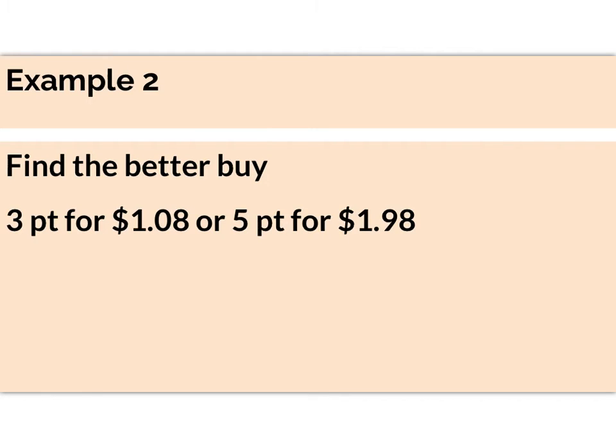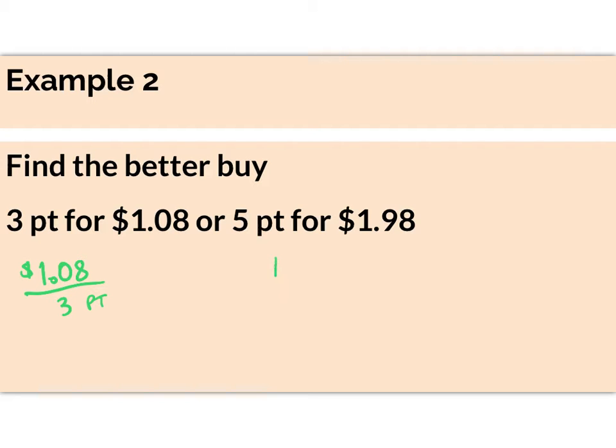Let's look at our second example. Find the better buy. 3 pints for $1.08 or 5 pints for $1.98. And when we think of money, money always goes on top. Well, not always, but 99% of the time, money goes on top. Dollars per pint.